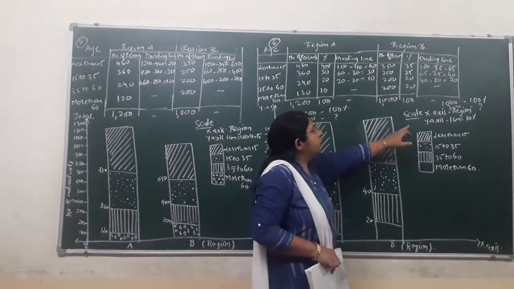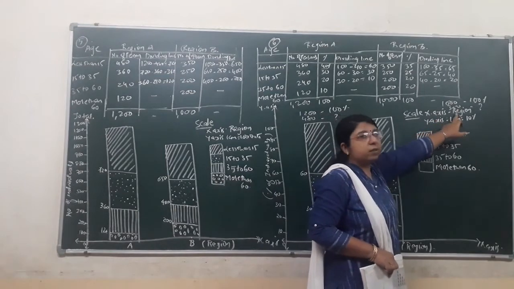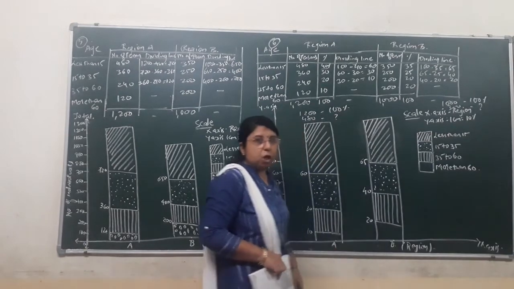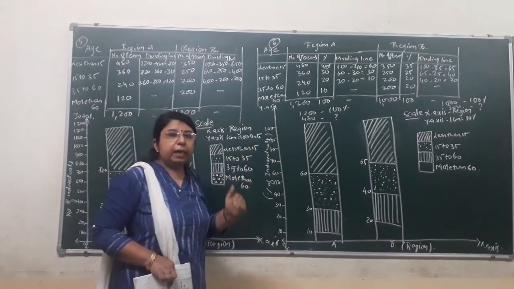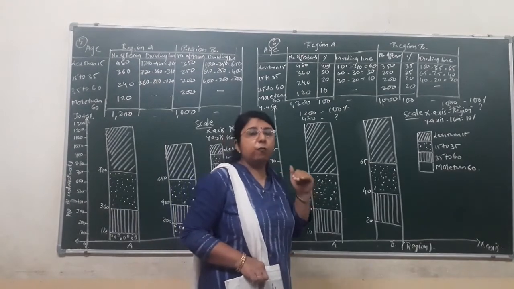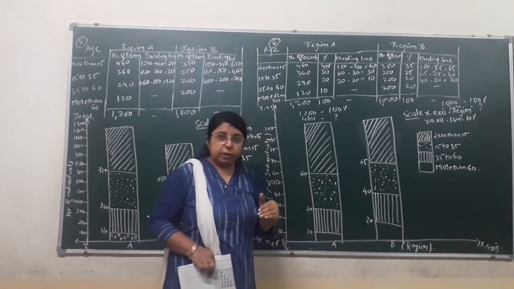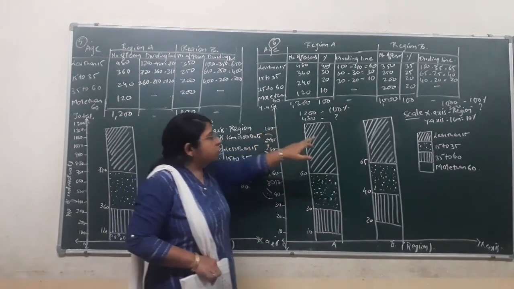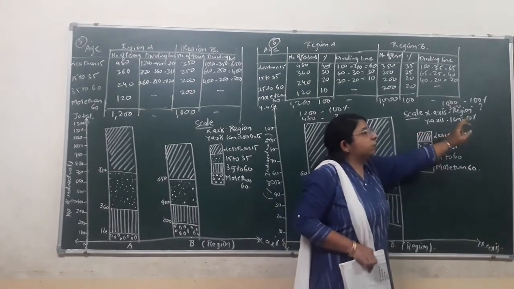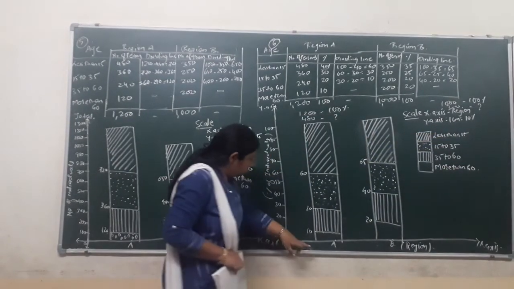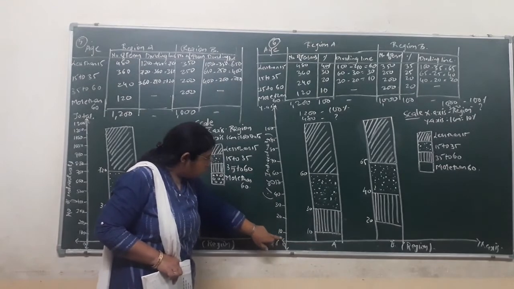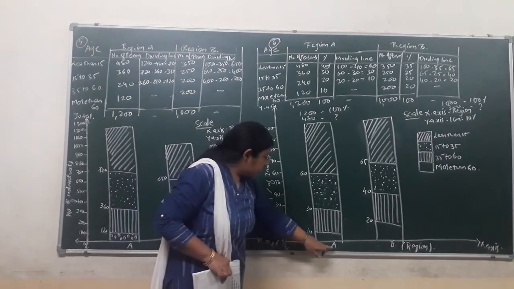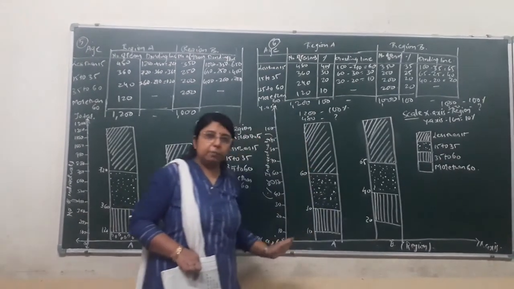On the right hand top corner, you have to represent the scale: the x-axis will represent region, and on the y-axis scale I have taken 1 centimeter equal to 10%, because the data given to you for the different age groups has been divided into percentages, so the data should be carried forward up to the maximum, that is 100%. On the y-axis I have represented 0, then 10, 20, 30, 40 up to 100. On my x-axis I have represented region A and region B by keeping equal distance.